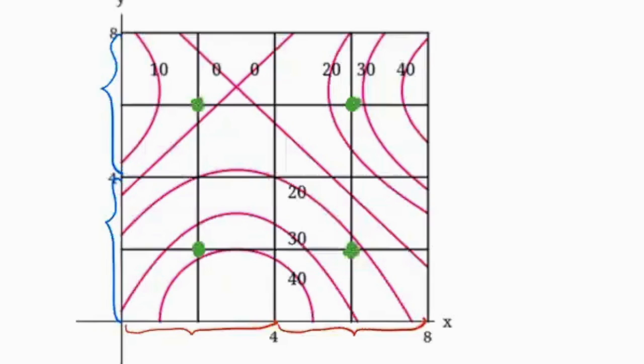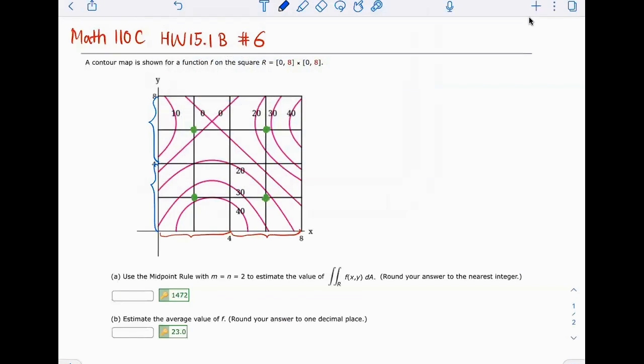But first, let's find the area for each sub-rectangle. So this small rectangle, what will be the area? Let's call the area here delta A. That is the area of one sub-rectangle.